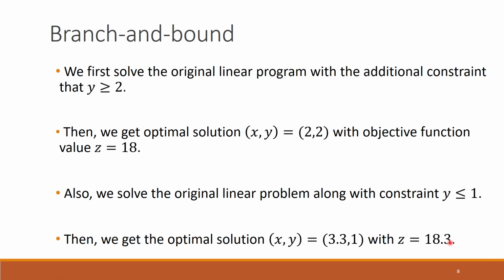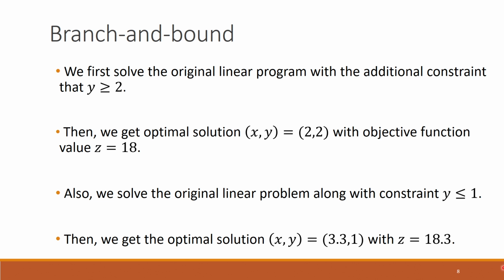One point to remind you is that when we were solving this first linear program, we had the constraints of the original linear program plus y greater than or equal to 2. Those constraints we have not thrown away. We are just adding one more constraint, y greater than or equal to 2, and the feasible region is the purple or blue region that we had seen in the previous slides.